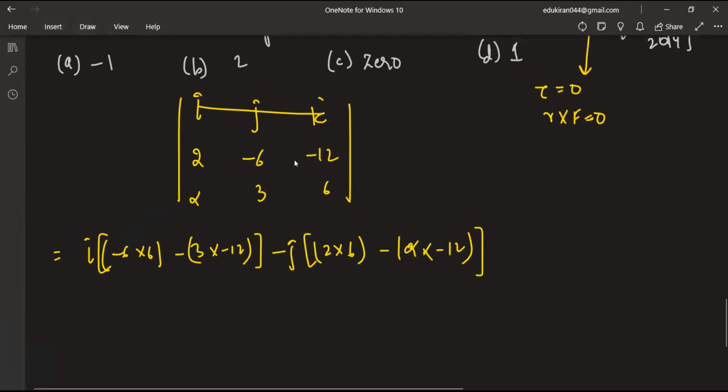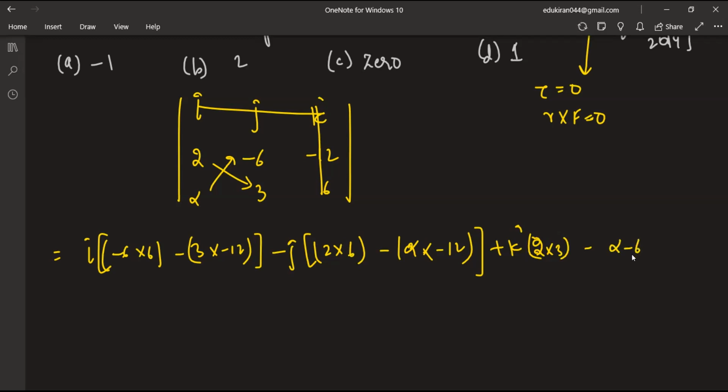Lastly, we have k cap: 2 into 3, minus alpha into minus 6. Always remember, minus j cap will only come.